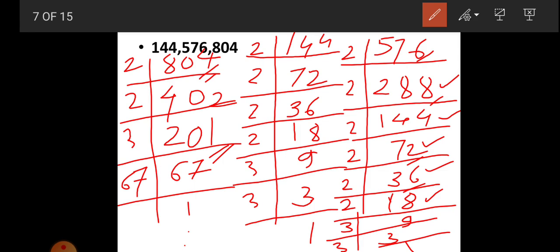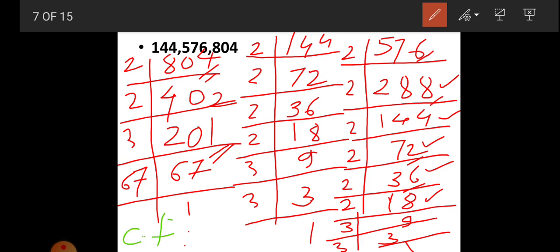So you take out the prime factors. Here the place is not enough, so I only mark the common factor directly.